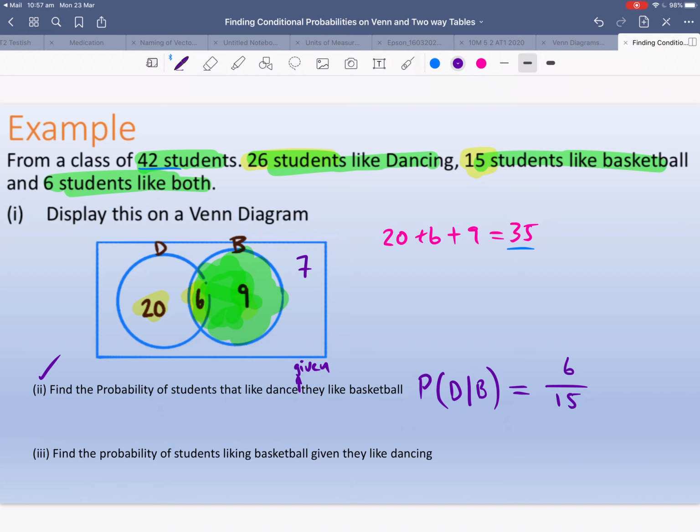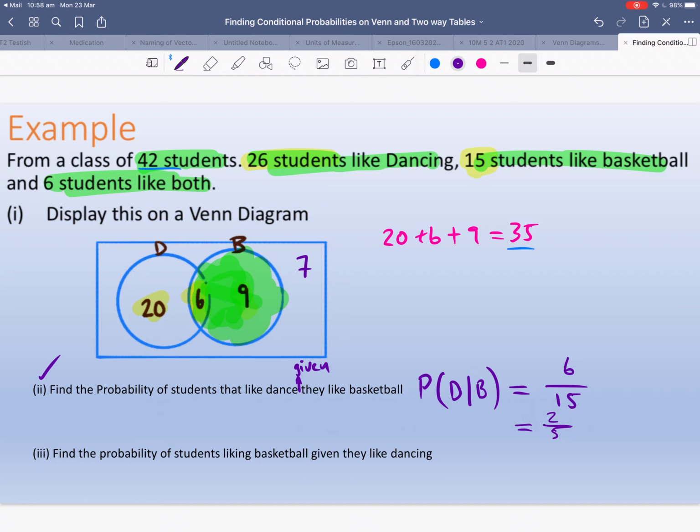We're looking at all the basketball students and asking which ones like dance out of all of those. It's 6 out of 15. We simplify: 3 goes into both of them, so 2 over 5.